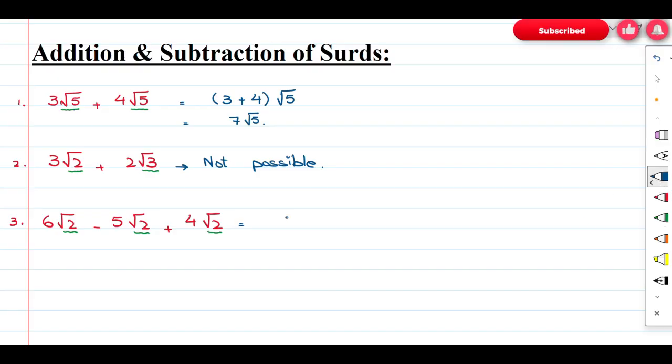We can take it common: 6 minus 5 plus 4, and we take square root of 2 common. Now from 6, if you take away 5, 1 is left. To 1, when you add 4, it's 5. So the simplified answer is 5 square root of 2. Now you can see the addition and subtraction of surds is only possible when you have the same number under that square root sign.